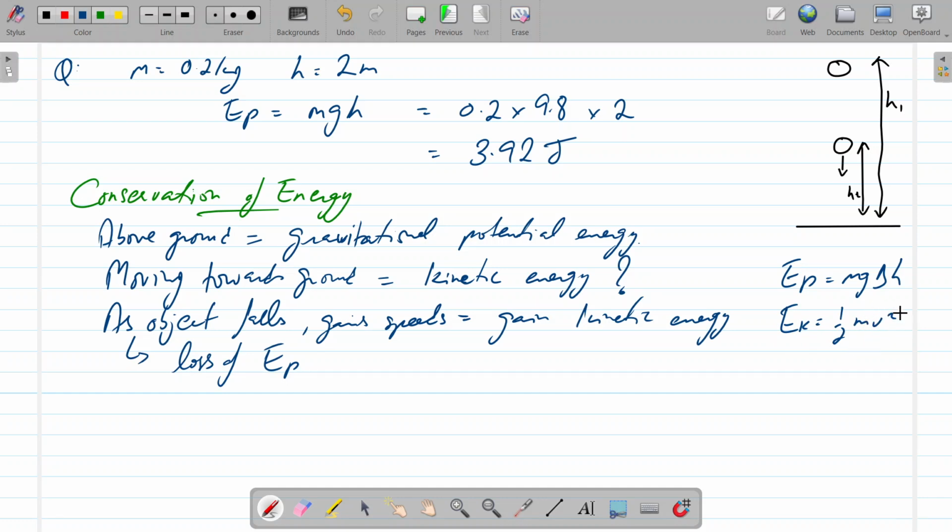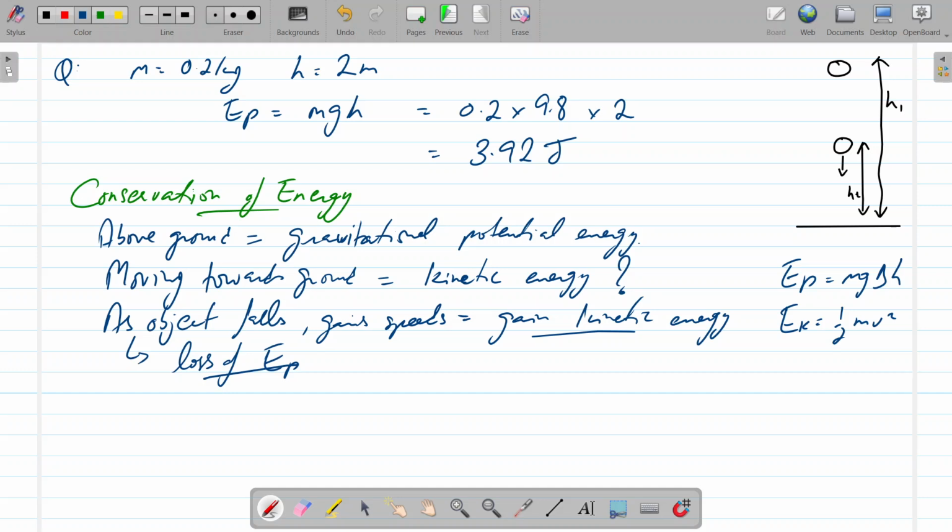Now, perhaps we don't know how fast we're going, right? But because it is gaining kinetic energy from the loss of potential energy, what we can do is equate the two, assuming that air resistance is negligible and the energy is not lost, right? So we're not taking into consideration heat or sound or anything else. We are considering that the total of the potential energy is being converted into kinetic energy.